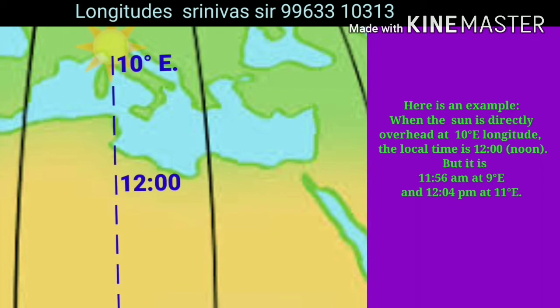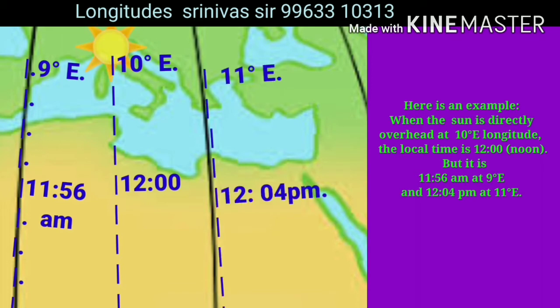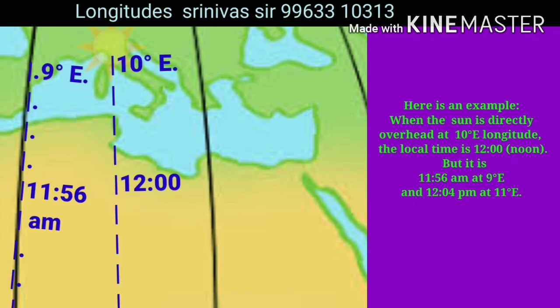So when we go to the left side, that means 9 degrees east, the time is 11:56. That means 4 minutes less. If we move from 10 degrees east longitude to 11 degrees east longitude, the time is increased by 4 minutes. That means the time is 12 hours 4 minutes PM at 11 degrees east longitude.